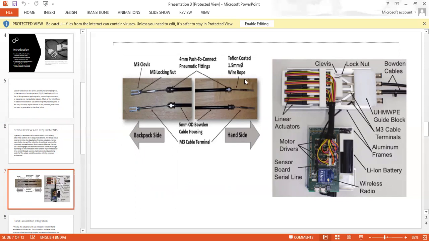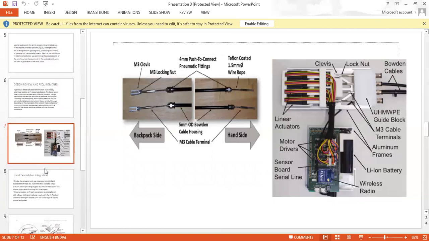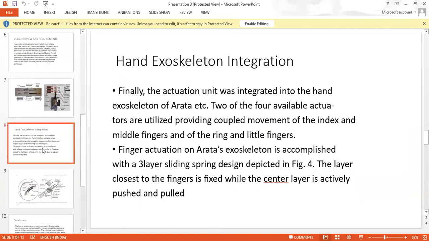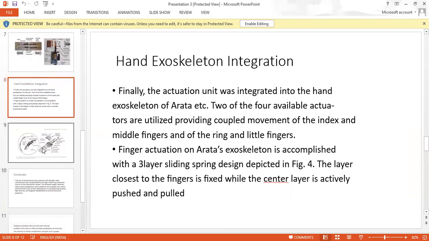On the right side figure, we can see the linear actuators, motor driver, sensor board, wireless radio, lithium ion battery, aluminum frames, M3 cable terminals, UHMWPE guide block, and Bowden cables locked like this. By using these kinds of parts, the exoskeleton used for human needs was manufactured.